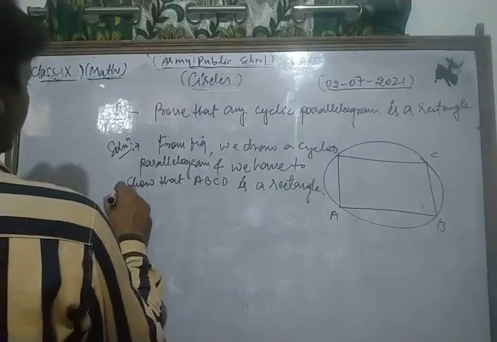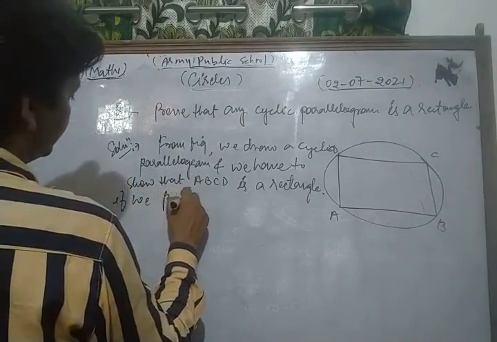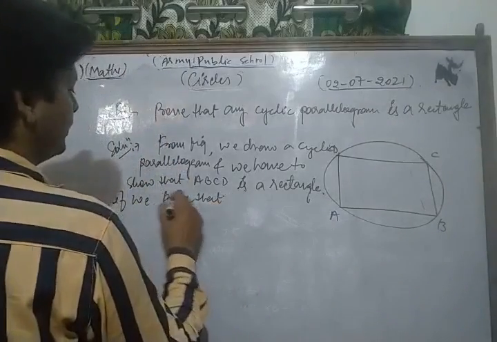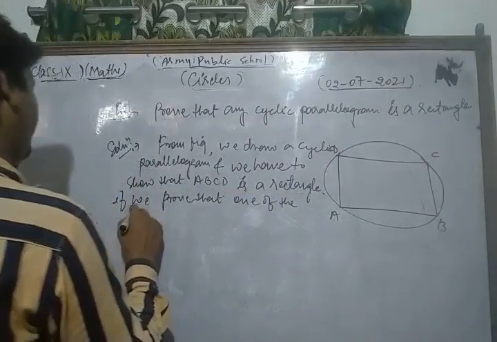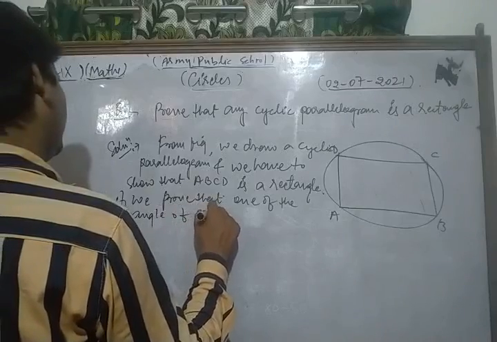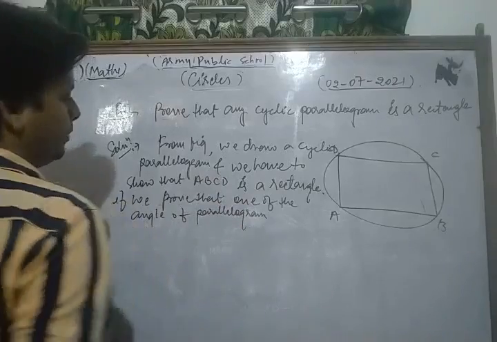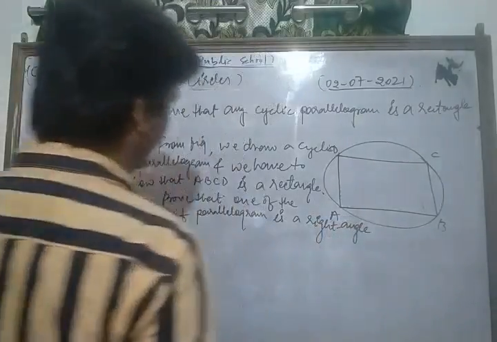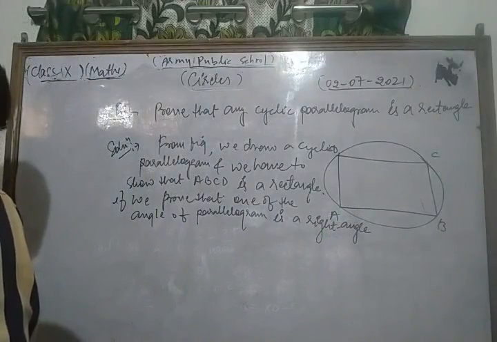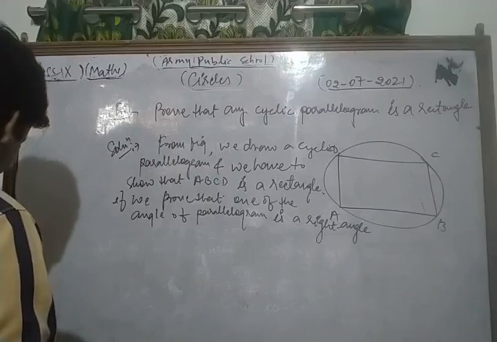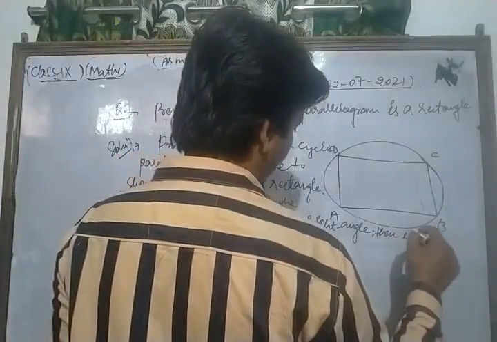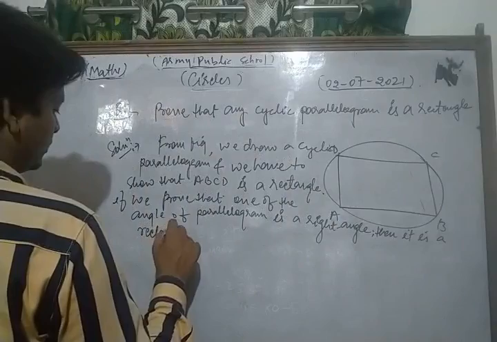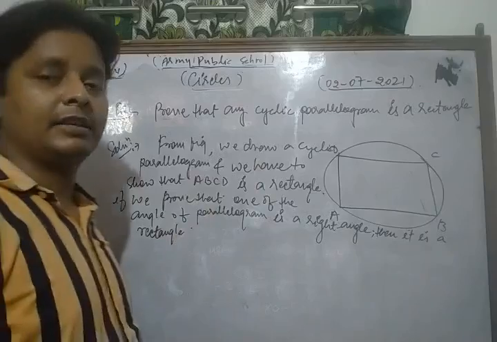If we prove that one of the angles of the parallelogram is a right angle, then ABCD is a rectangle. So this is the concept of this question.